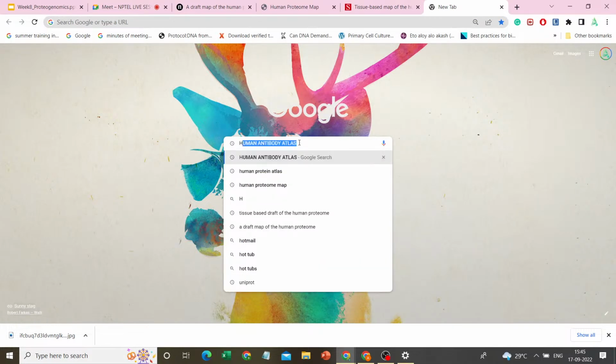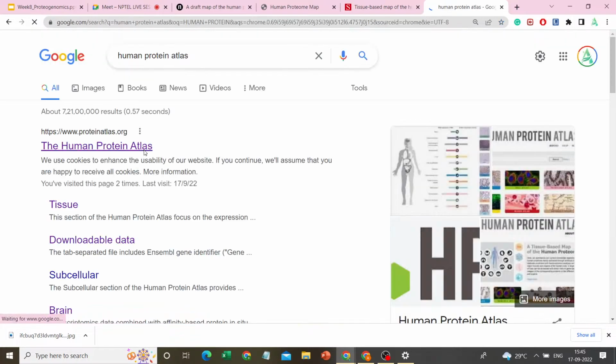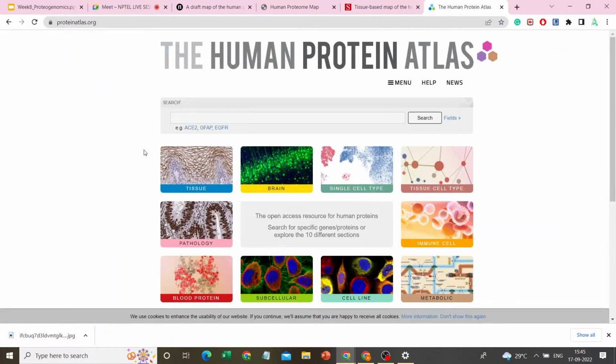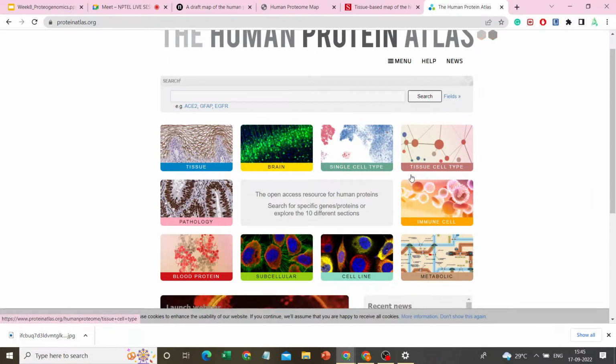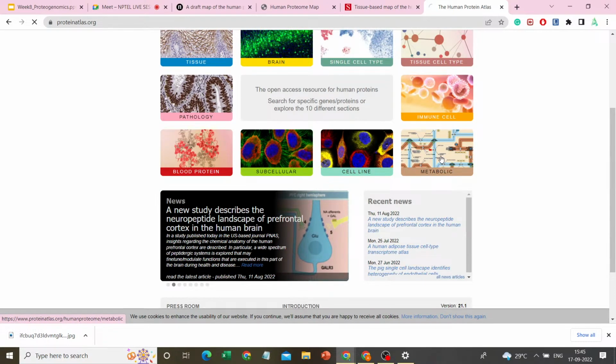So now is the Human Protein Atlas. Let me give an overview of the website. Here it is written: different tissue, brain, single cell type, tissue cell type, and metabolic.